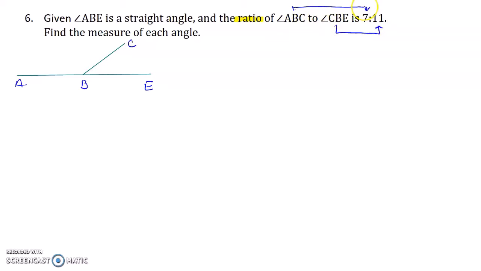There is that parallel structure there. Whatever is first corresponds to that first number, and whatever follows would correspond to the next number. Whenever you see the word ratio, I want you to think x. So that means ABC is 7x, and CBE is 11x.